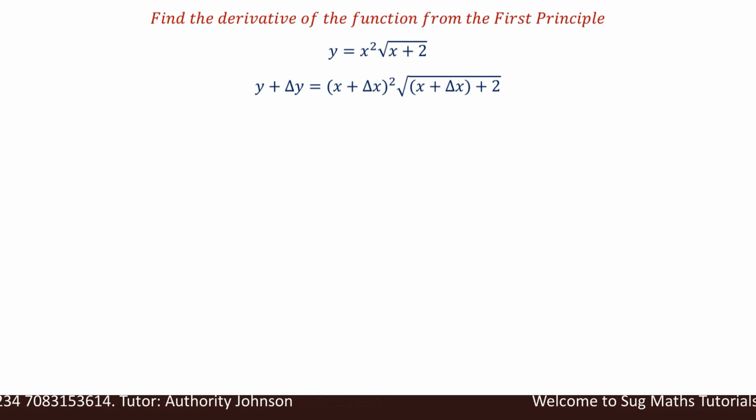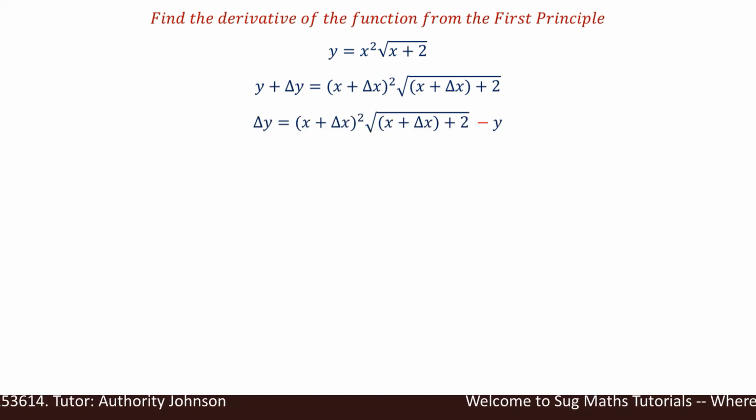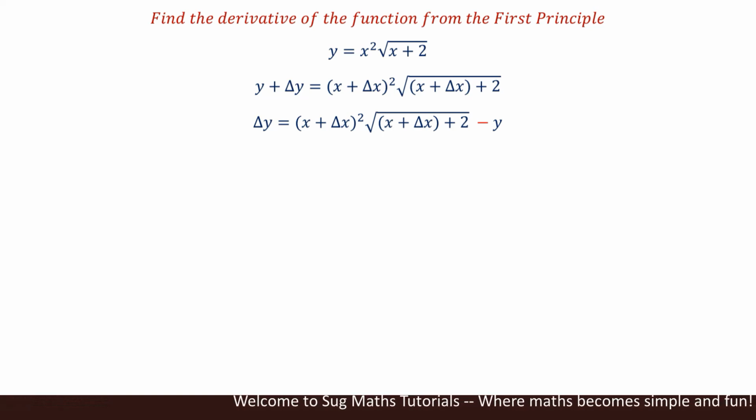Good. Now let's go. Let's take y to the other side. So we're going to have change in y is equal to x plus change in x in bracket squared square root of x plus change in x in bracket plus 2 minus y. But we know the value of y to be x squared square root of x plus 2.